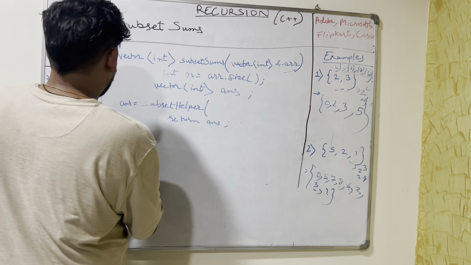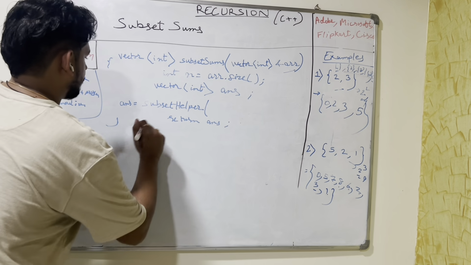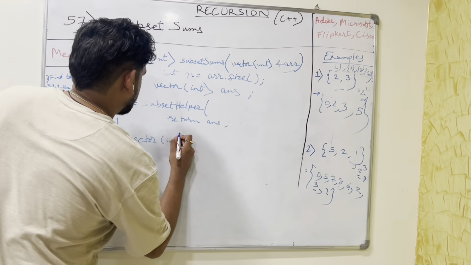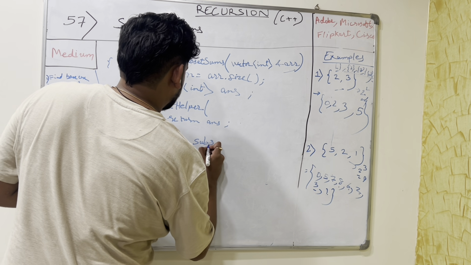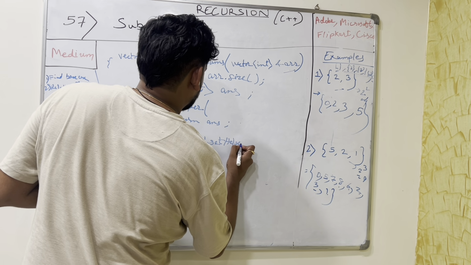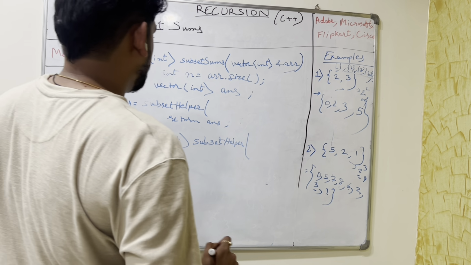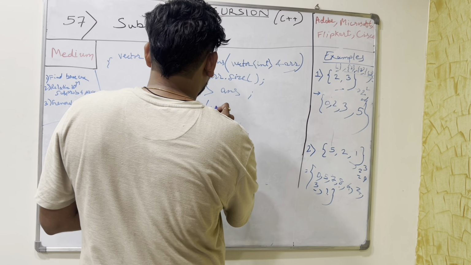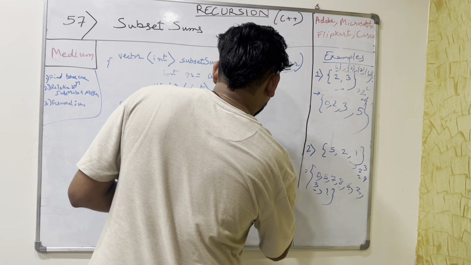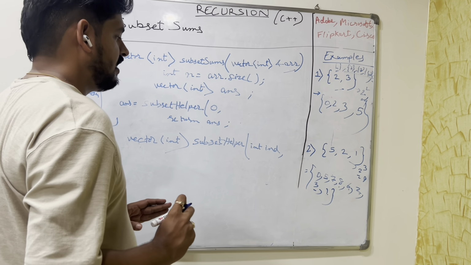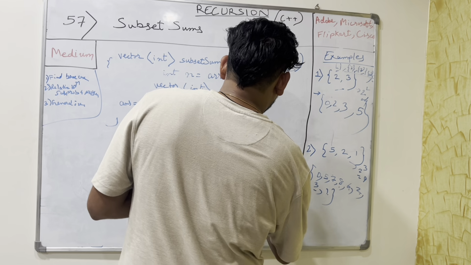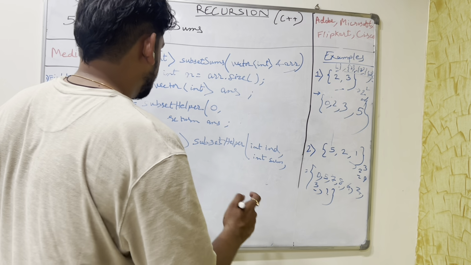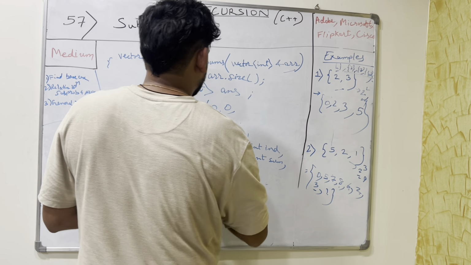Our function will be added, and here what will we do? This subset helper would return the answer vector int. This is our recursive function, subset helper. Now what should we have? We are moving from 0 index, right? So we will pass 0, so it would be our index. Then we need a sum, some variable that keeps on getting added, so the sum will be initially 0.